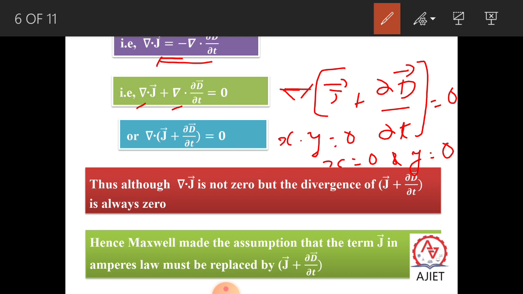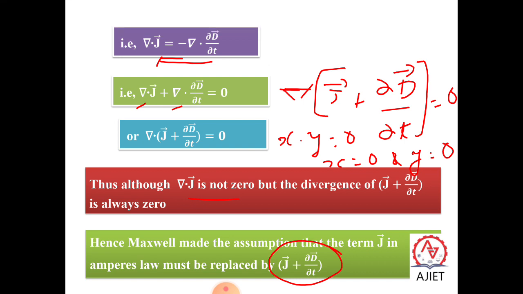Here del equal to 0 cannot hold, and J plus dou D by dou t is not 0, but the divergence of J plus dou D by dou t is always equal to 0. Hence Maxwell made an assumption that J in Ampere's law must be replaced by J plus dou D by dou t.